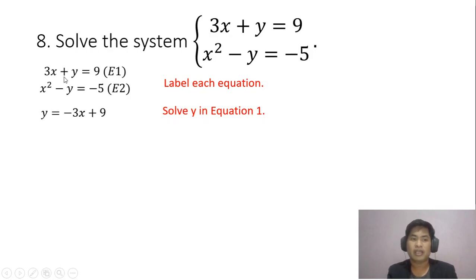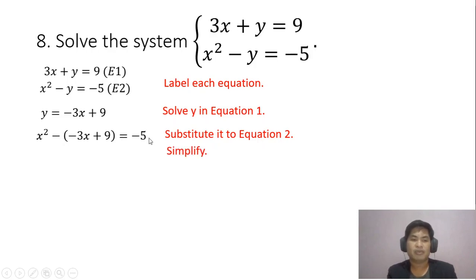So, we have y is equal to negative 3x plus 9. Then, we substitute it to equation 2. So, we substitute y in equation 2. We have x squared minus, since y is negative 3x plus 9, replace this by negative 3x plus 9 is equal to negative 5. And then we simplify.